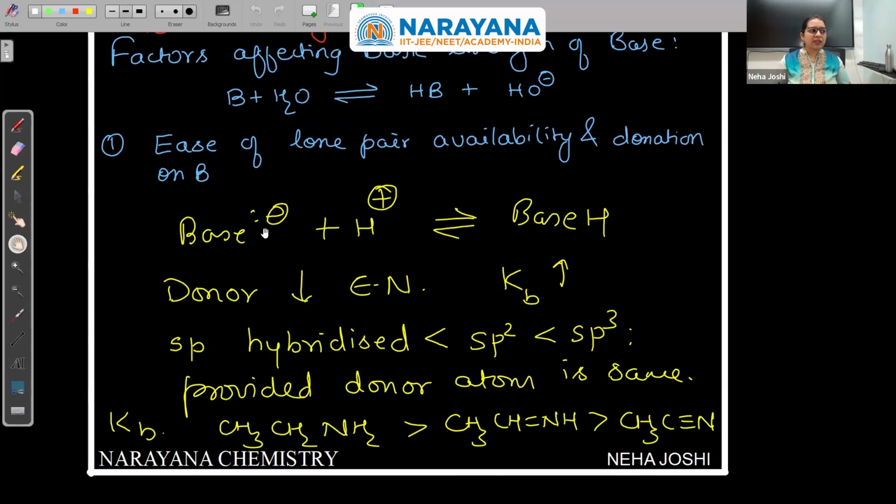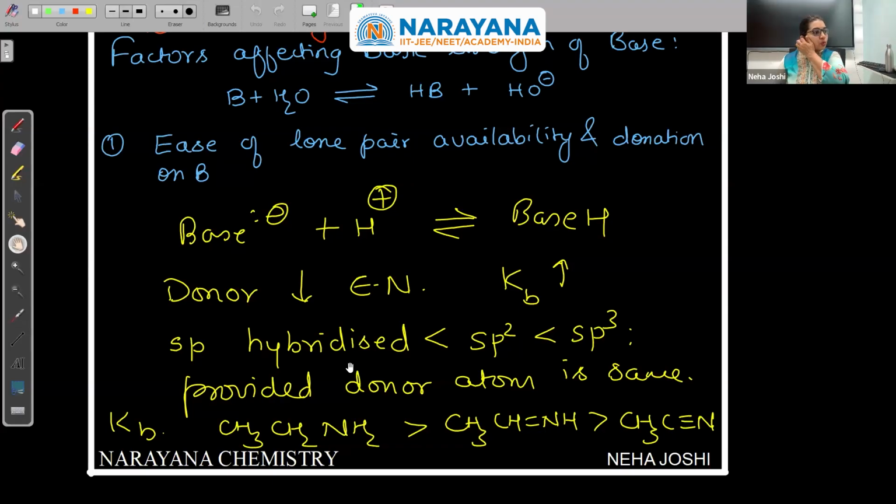So the first factor: if the donor is less electronegative, then definitely it is going to be a better base. That is one of the factors. I'm not saying that is the sole factor.